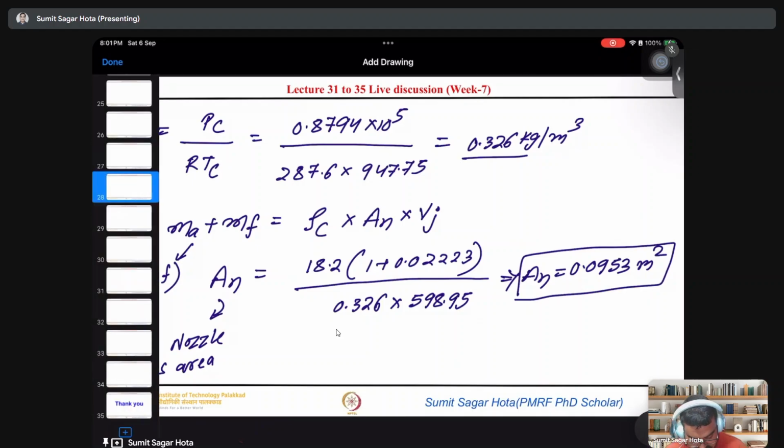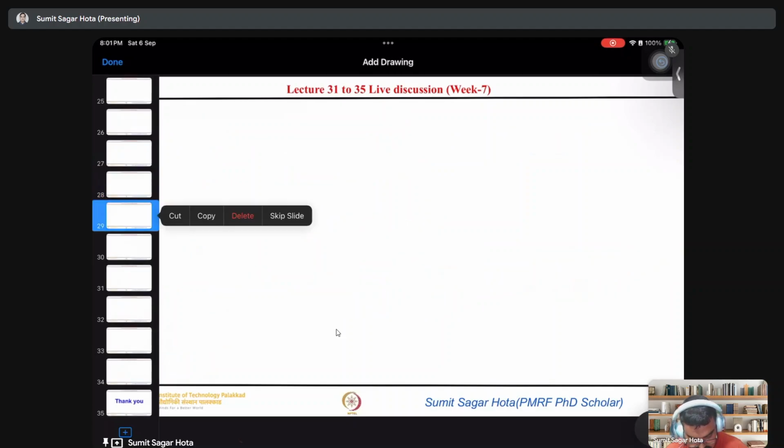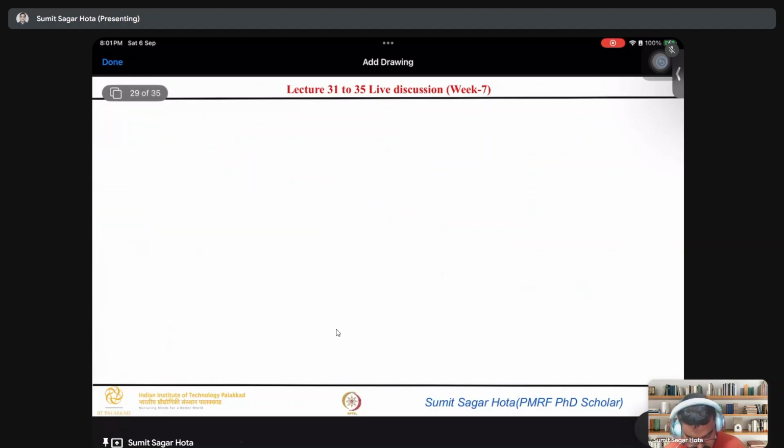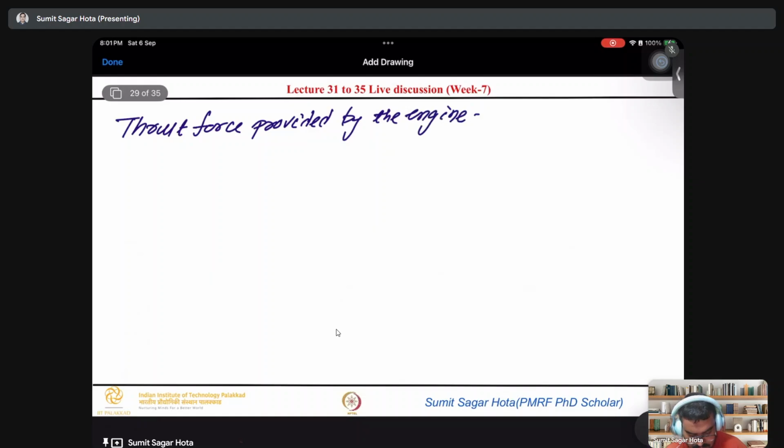So AN we have. Let's calculate the thrust force provided by the engine.